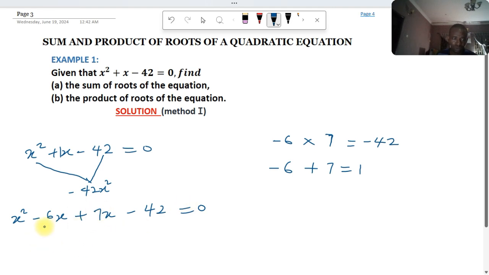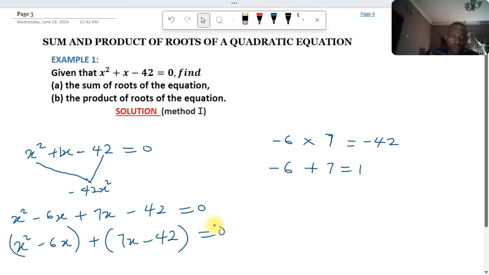We have done this in class, so I'll not waste time on this. So we have x squared minus 6x, open a bracket, plus we will exclude this sign from the bracket. Now it will stand alone in the middle. We have 7x minus 42 all equal to 0.